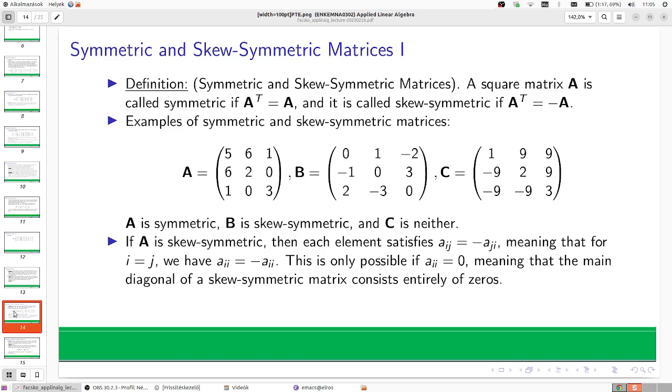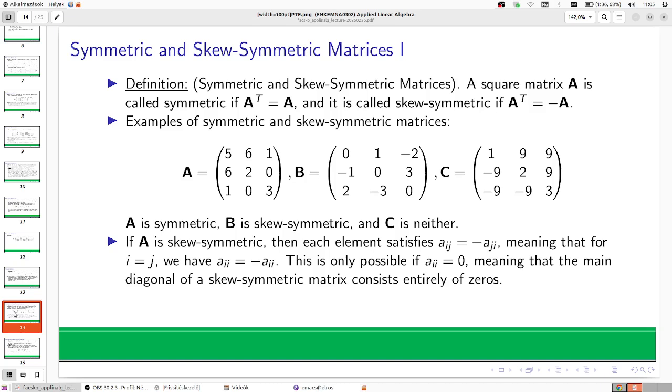If everything goes well, then very soon we will talk again about eigenvalue problems, and there will be some theses and statements about the eigenvalues of these types of matrices, symmetric matrices.